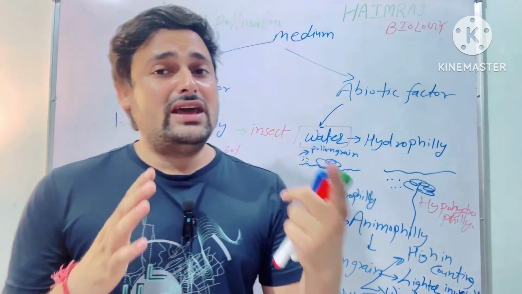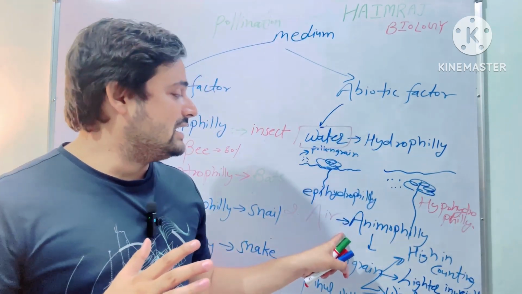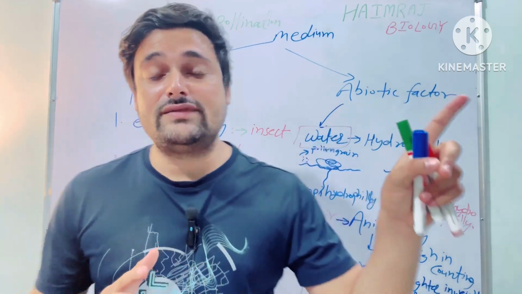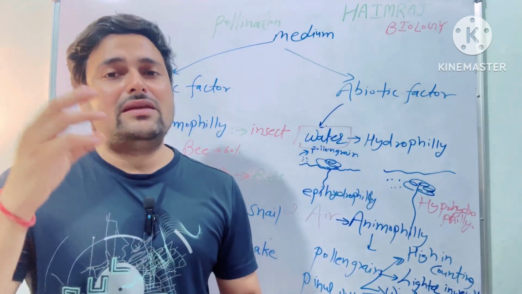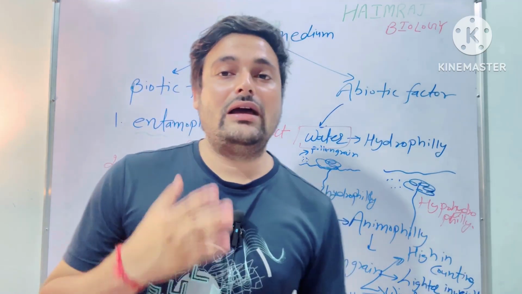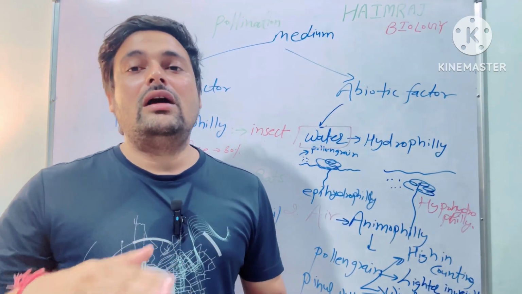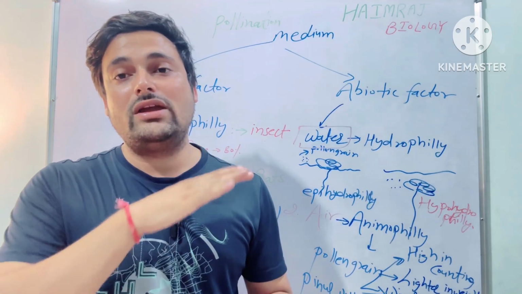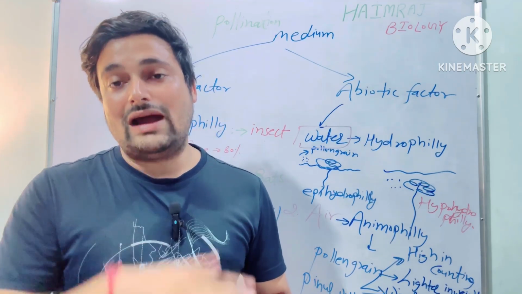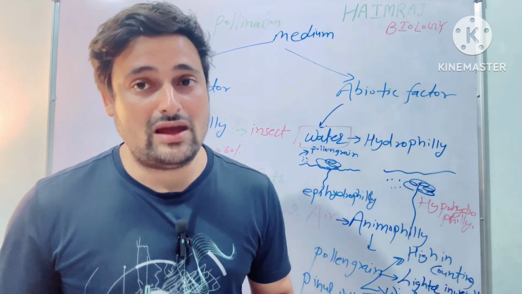If air is transferring, then we call it anemophily. If water is transferring pollen grain, then we call it hydrophily. Hydrophily can be divided into two portions. If it is going above the water level, then we call it epihydrophily. If it is going under the water level, then we call it hypohydrophily.